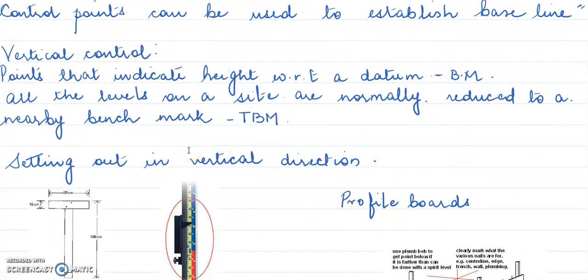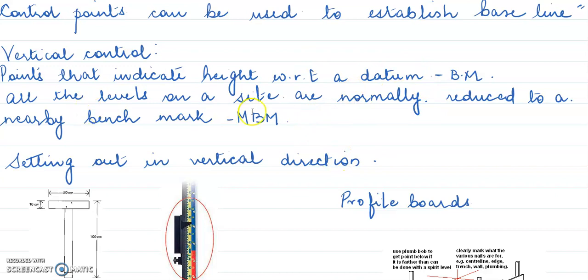Now, what is vertical control? Vertical control will be points that indicate height with respect to a datum. What is the datum in our case? In our case, the datum is the benchmark. Now the benchmark that will be used for most of our site work: there won't be multiple benchmarks on your site unless your site is really huge.